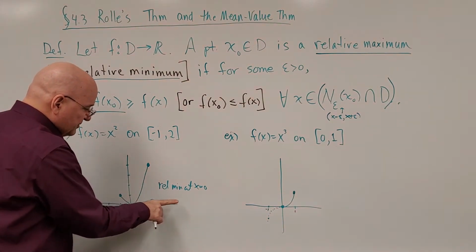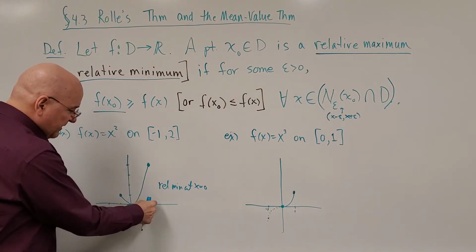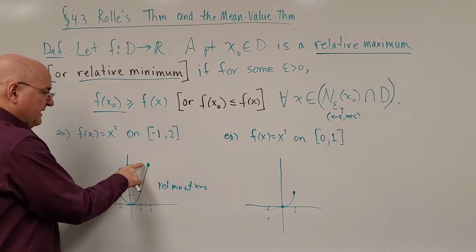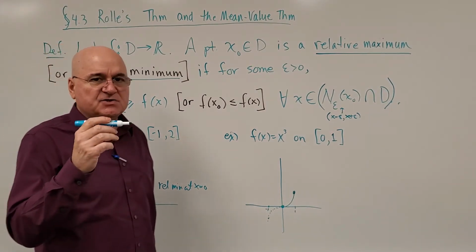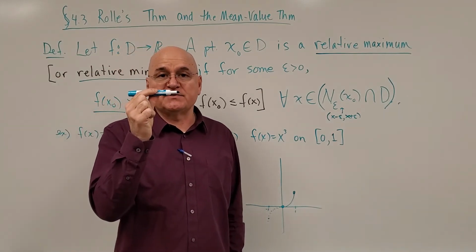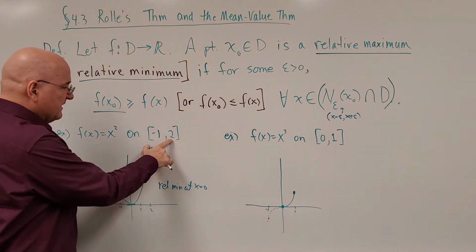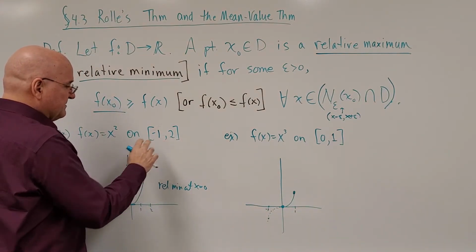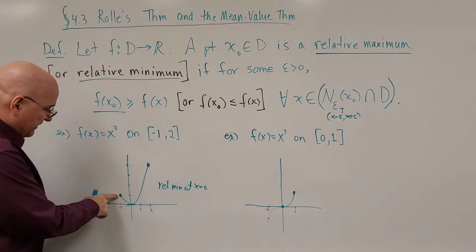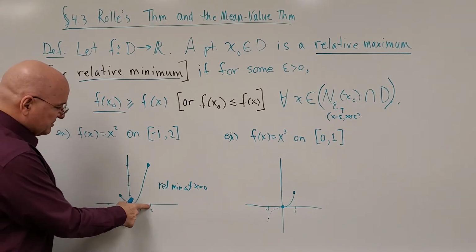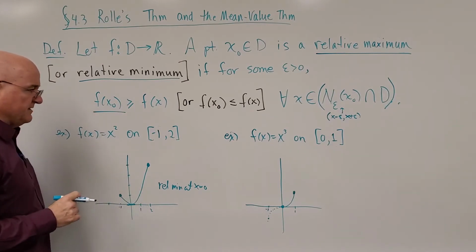Now there are no numbers in the domain to the right of 2, so you're only going in one direction. And you usually think of a relative maximum as having a tangent line that's horizontal to the graph. In this case, you don't get that. And it's only because we're at the end of the domain of a closed bounded interval. And the same thing over here. At -1, we also have a relative maximum. At x equals 2 and x equals -1, we have a relative maximum.